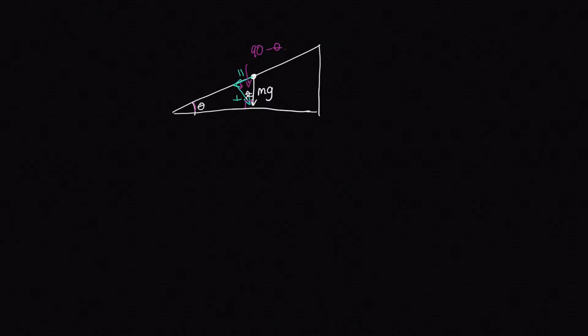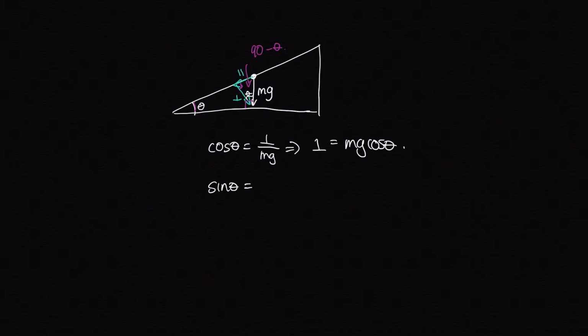To work out the length of that perpendicular side, we can use cos theta is equal to adjacent, which is our perpendicular side, over the hypotenuse mg, which tells us that our perpendicular side is equal to mg cos theta. And for our parallel side, we can use sine theta is equal to opposite, which is the parallel side, over mg.